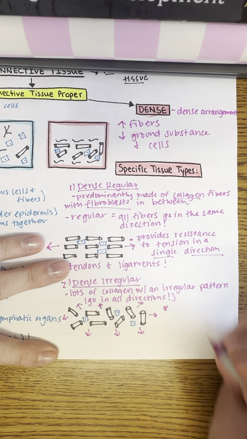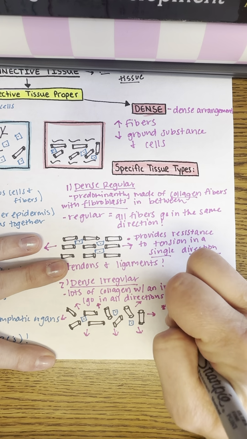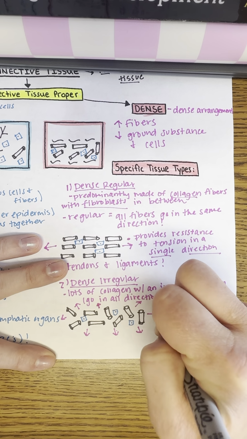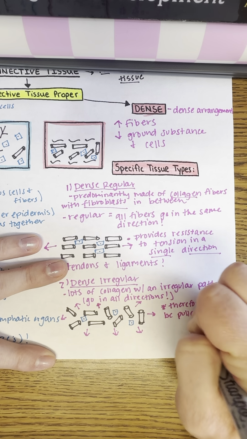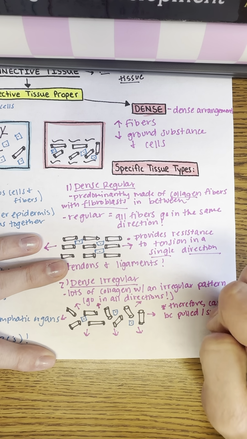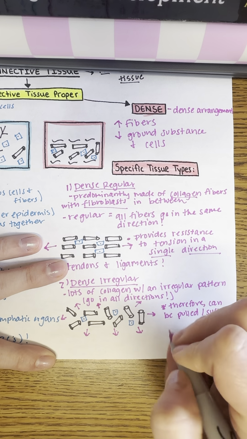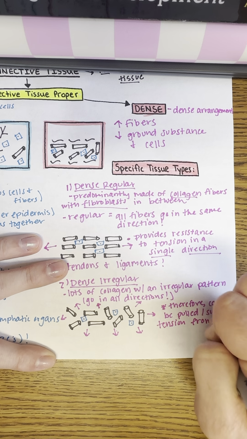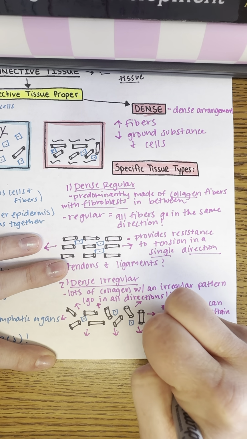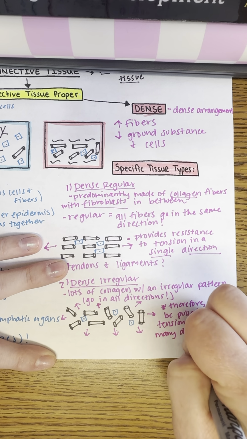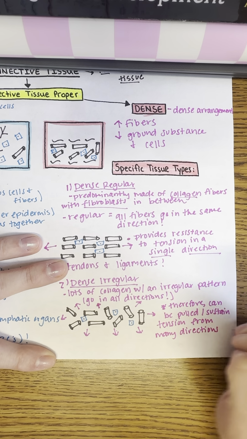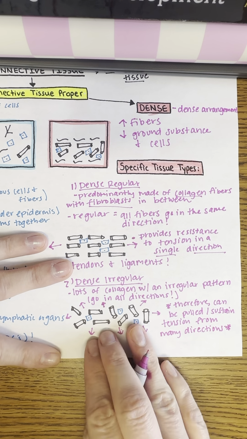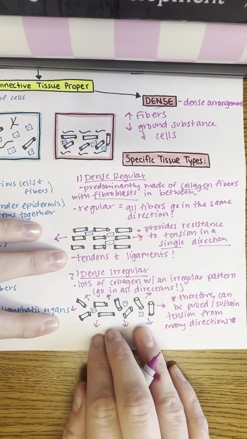So we're going to write ourselves a note here that says, therefore, it can be pulled / sustain tension from many directions. Okay, so places where we can find dense irregular connective tissue.